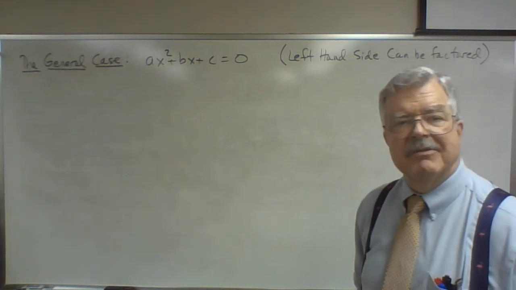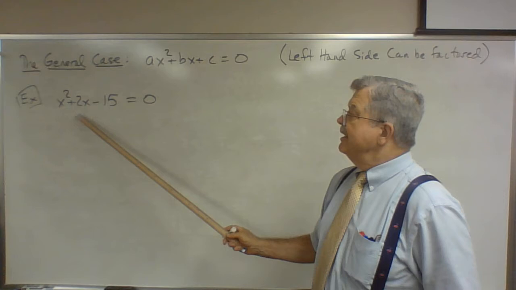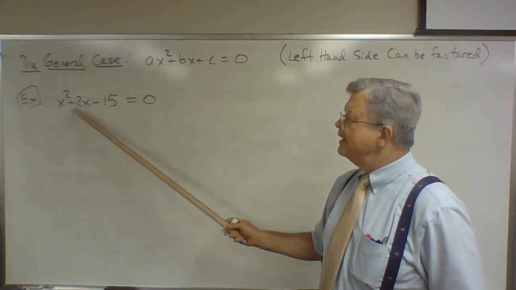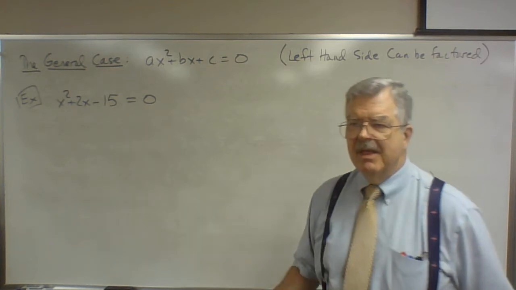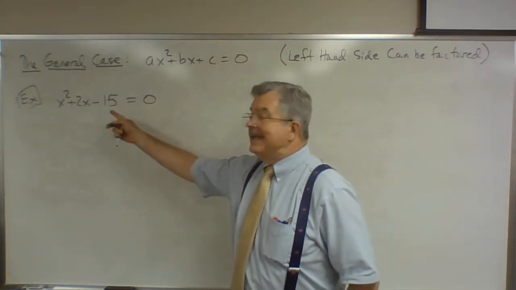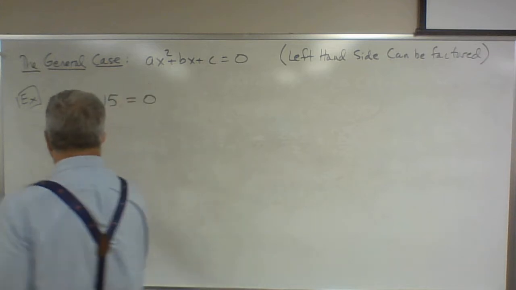Let's look at a couple of examples. Here's an easy one to start off with. X squared plus 2x minus 15 equals 0. And we're assuming that we can factor the left-hand side.